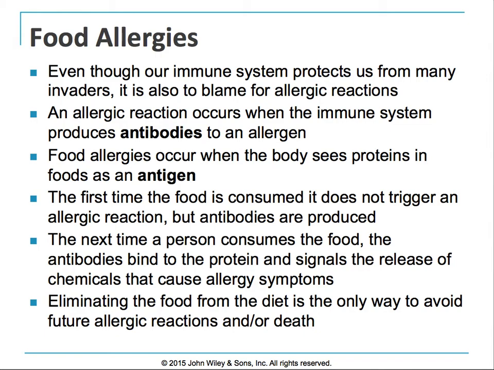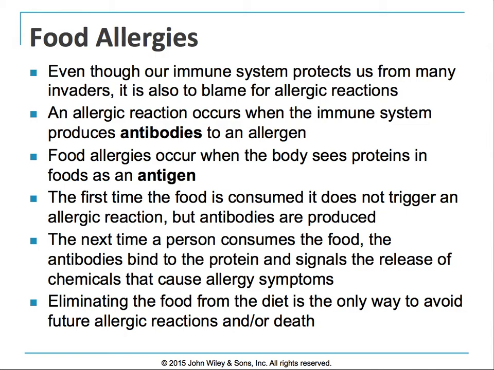For some folks, their lymphocytes and phagocytes are a little more sensitive and might attack other things moving through our body that they think are harmful. An allergic reaction occurs when the immune system produces antibodies to an allergen. Food allergies occur when the body sees proteins in foods as an antigen.